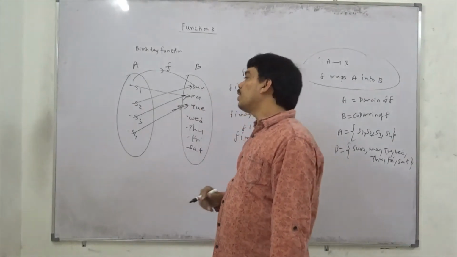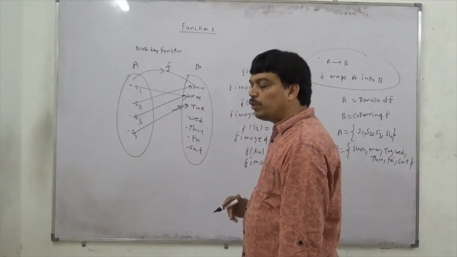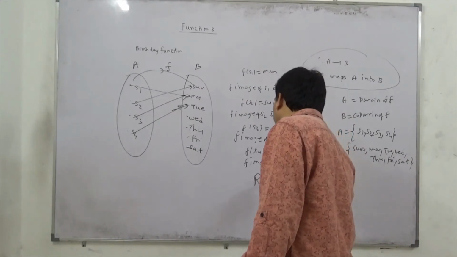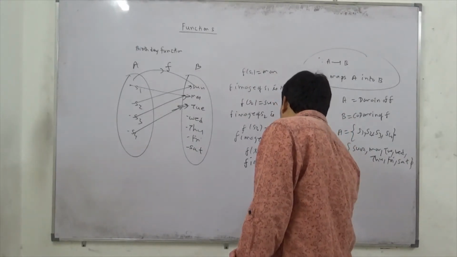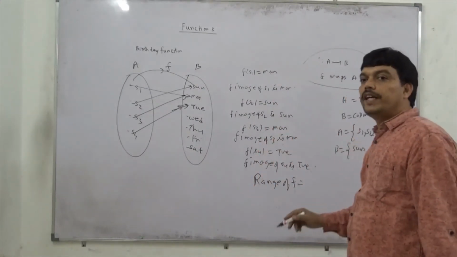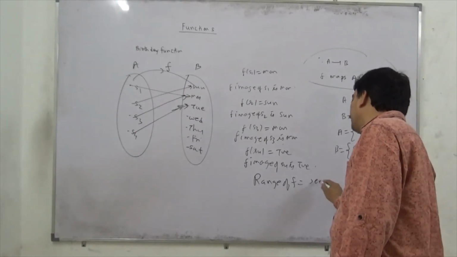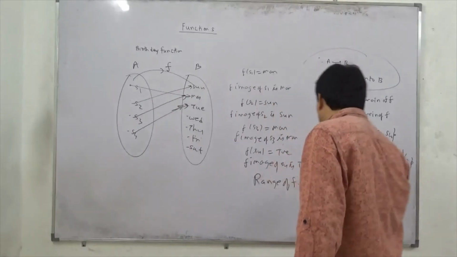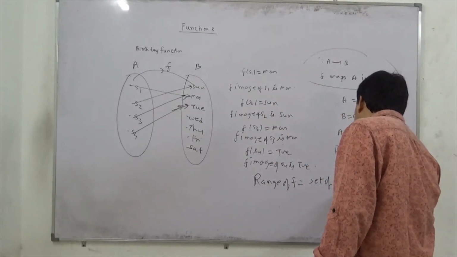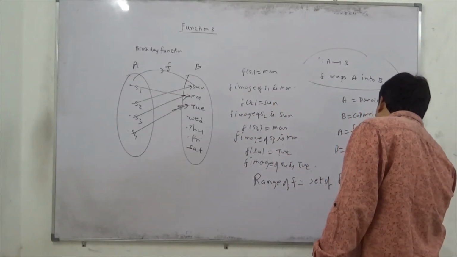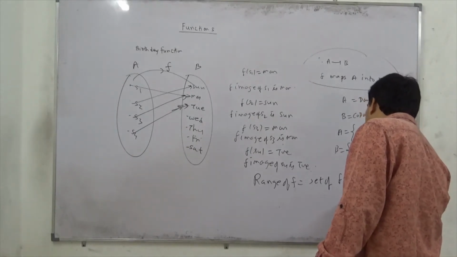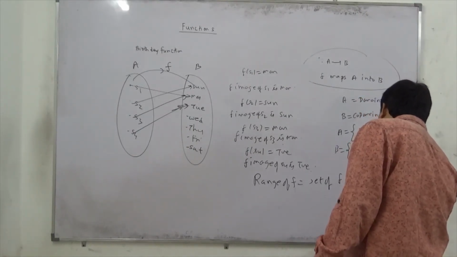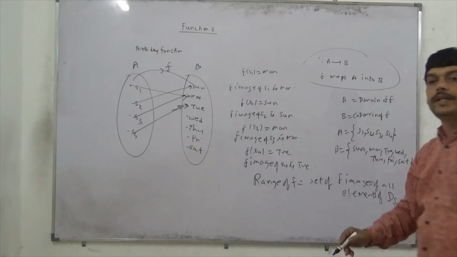Now, having known the concept of image, if you want to define the range of the function f, we can define the range of f as a set consisting of f images of all the elements of the domain set. So you can say this is the set of f images of all elements of the domain of f. I will say Df in short form, domain of f.